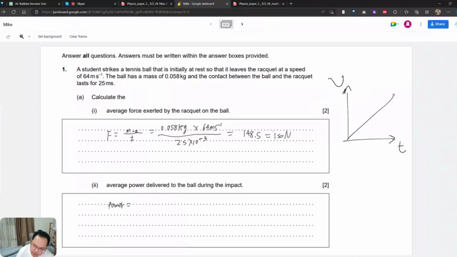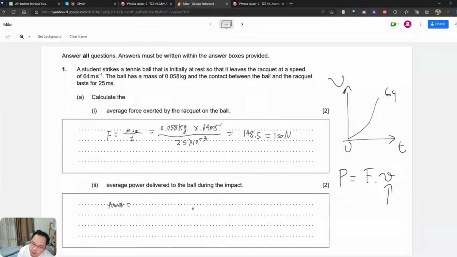We don't know if it increases linearly or exponentially. There's the equation in the booklet. The power is the force multiplied with the speed. This is the average force. So we can take that average force multiplied with the speed, but this equation actually applies for constant speed. But in this problem, the speed varies from 0 to 64, not constant.